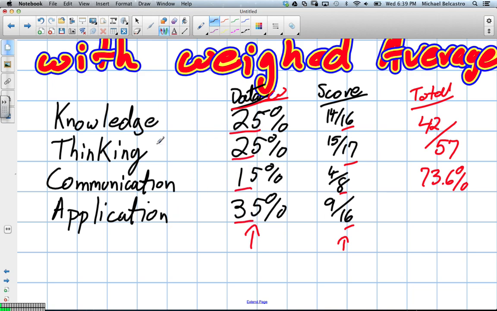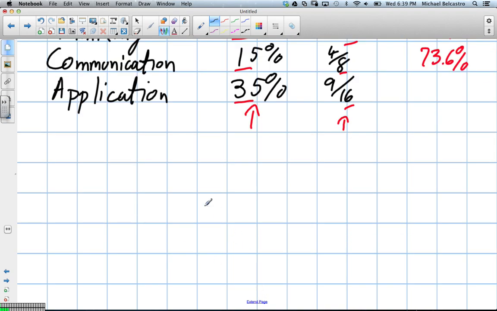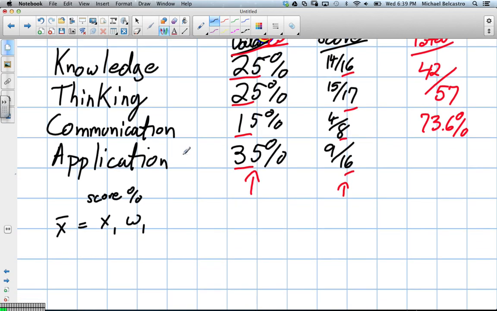So we talked about weighted average before. Weighted average, X bar, which means your average. You take your X1, which I'm going to call score, times its weighting, which is W1, and in this case this is the percentage. So we're going to take our score times our percentage under knowledge.